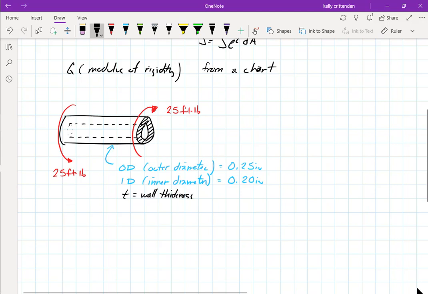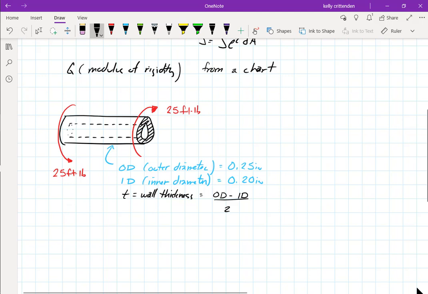Maybe that's what we're solving for sometimes, to get enough thickness so that it doesn't shear. But anyway, this wall thickness is equal to the outer diameter minus the inner diameter, divided by 2, because there would be a wall on either side of the inner circle.